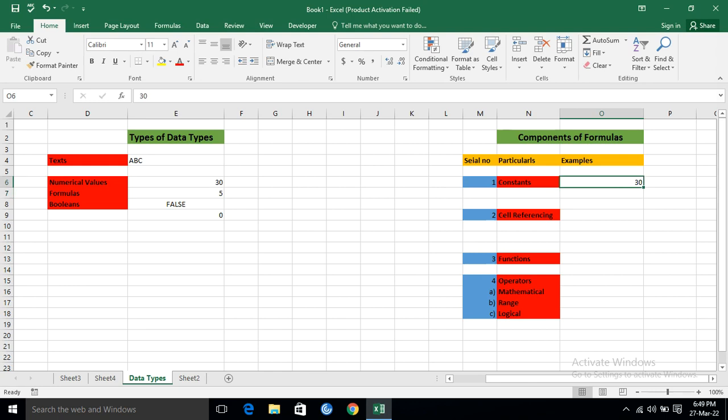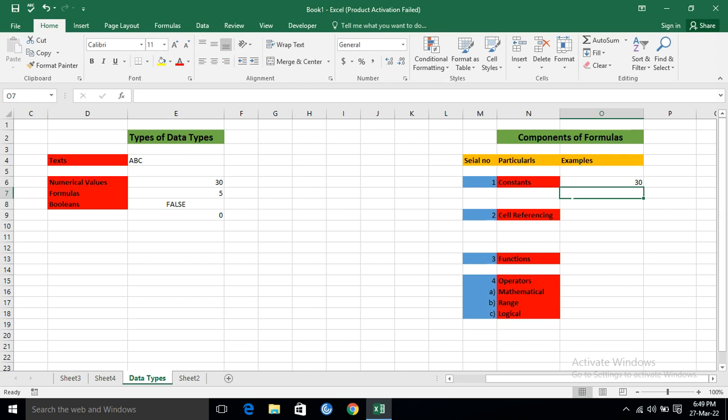In Excel it will be treated as a numerical value, which is a part of data types. But since we want the components of formulas, for that we have to enter equal to sign before it, and then it will be treated as a constant.